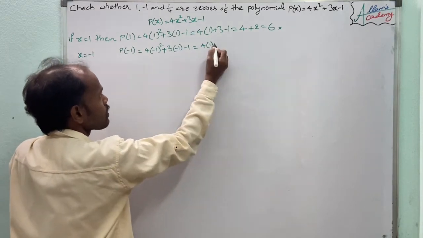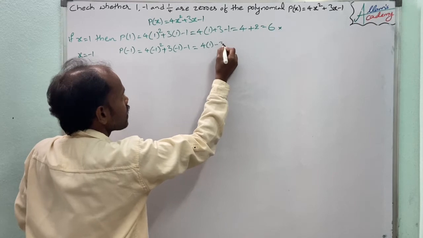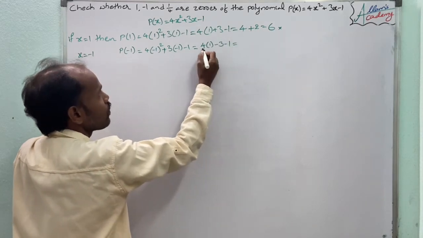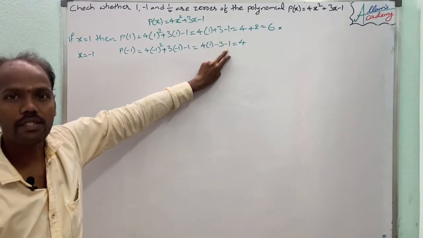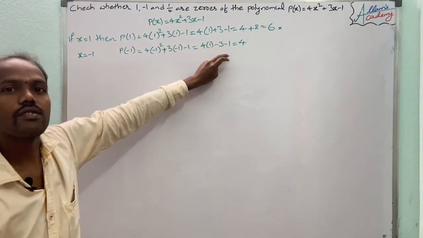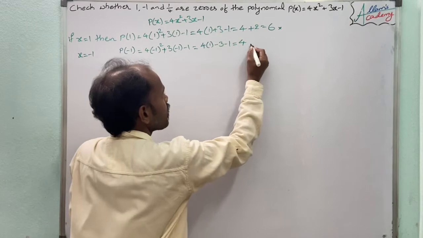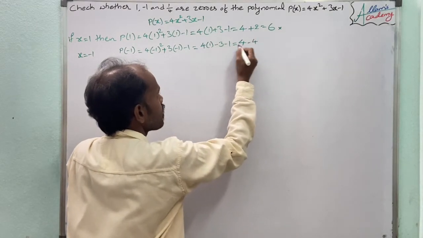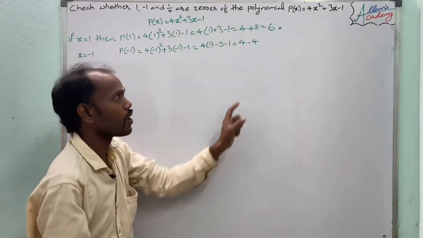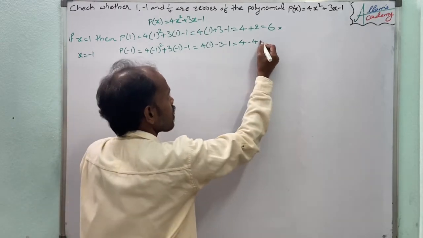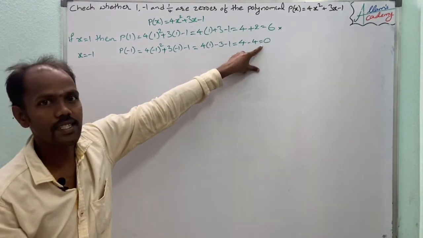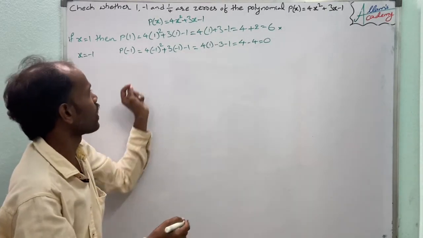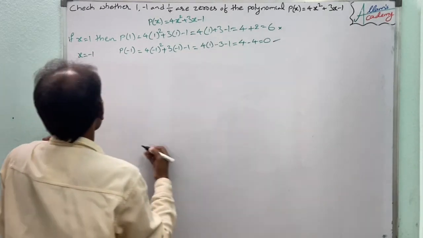Plus into minus is minus, so minus 3, minus 1. 4 times 1 is 4, so 4 minus 3 minus 1. Both are negative numbers, so we add but keep the negative sign. 3 plus 1 is 4. 4 minus 4 equal to 0. So here we get the result 0. So minus 1 is a zero of the polynomial.